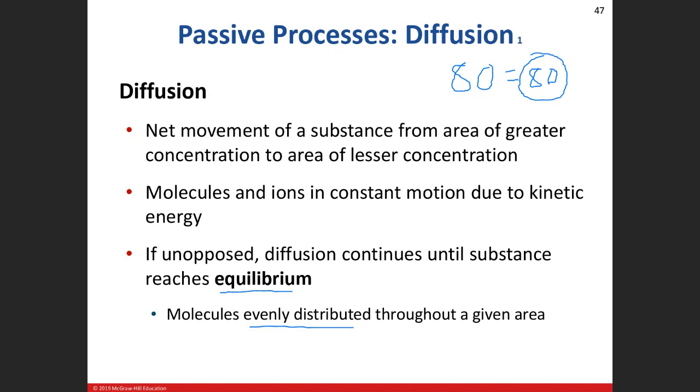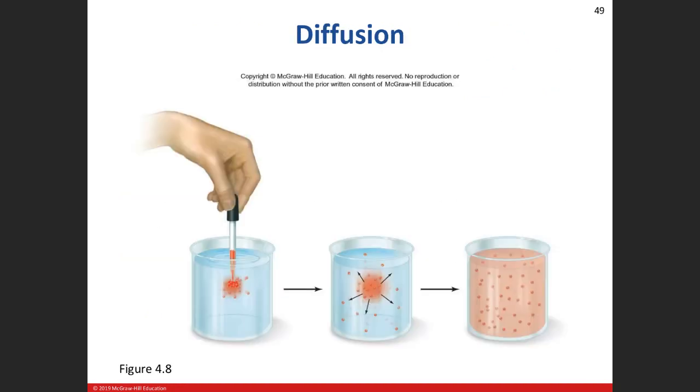Good so far? And I got a picture to help with that. It's in your textbook. Here's a person with a beaker of water. They got food coloring in it, and they put that food coloring initially into the water. Would you say there's more food coloring in this area compared to this area? So therefore, we have a concentration gradient.